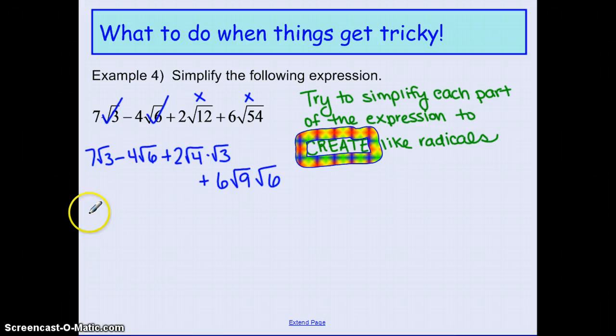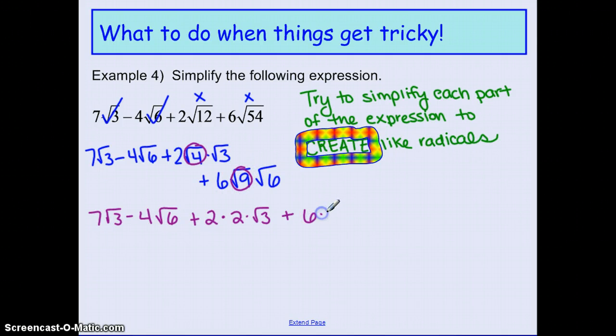So I'm going to rewrite my line again. So I have 7 radical 3 minus 4 radical 6. And now this third part, we're going to write as 2, and then radical 4 is the same thing as 2. So I'll write 2 times 2 times radical 3. And then this fourth part, we have 6.